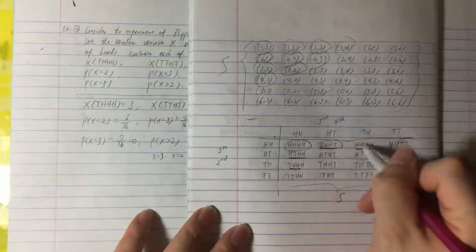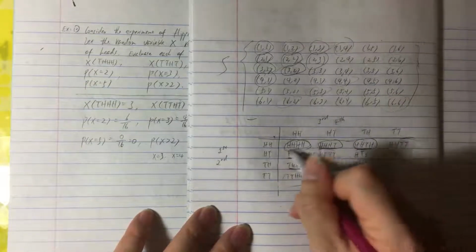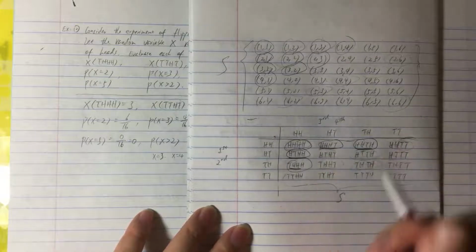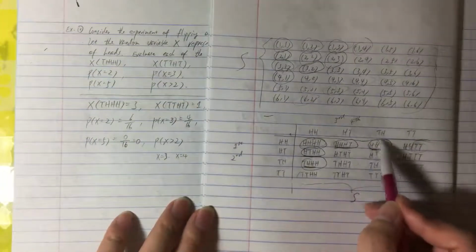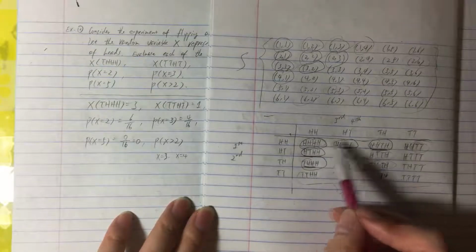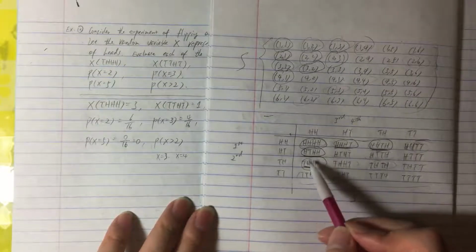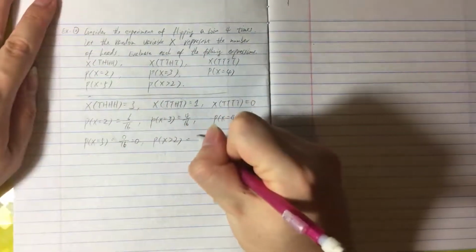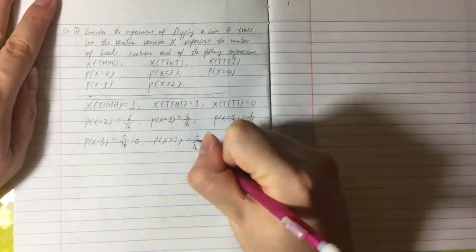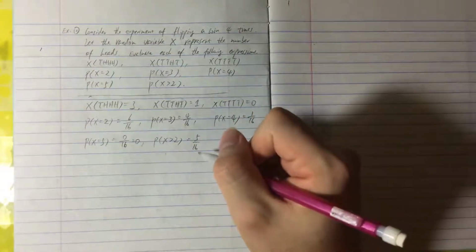When there are 3 heads, X is 3. Together we have 1, 2, 3, 4, 5 outcomes. So there are 5 favorable outcomes out of 16 possible outcomes. It's 5 over 16.